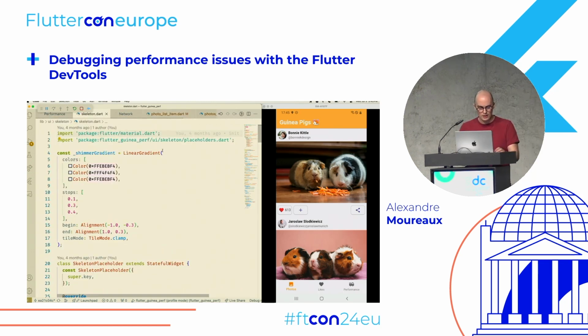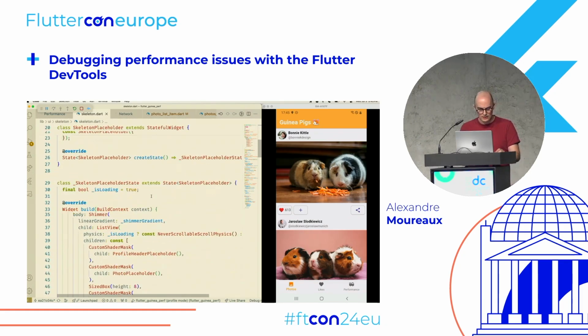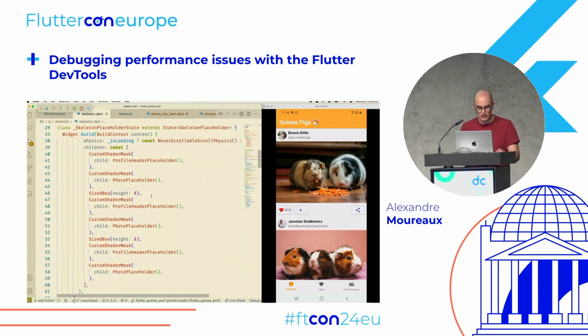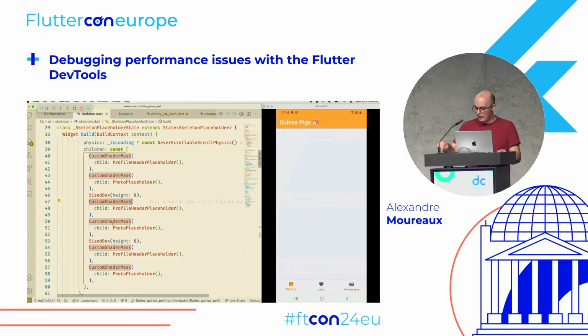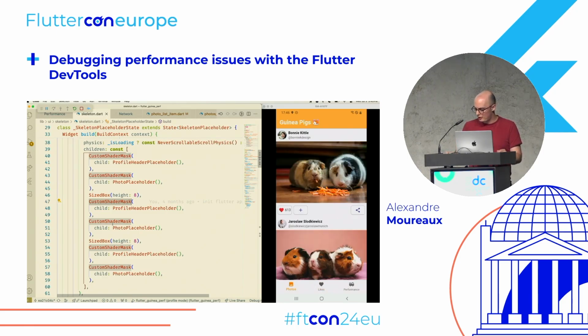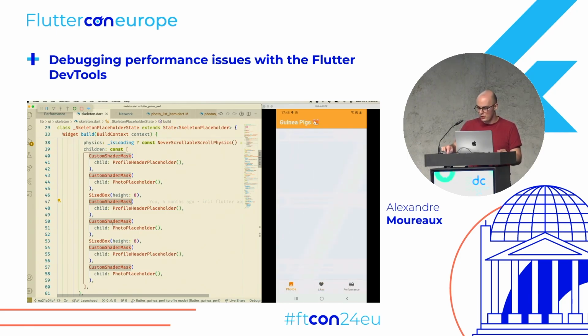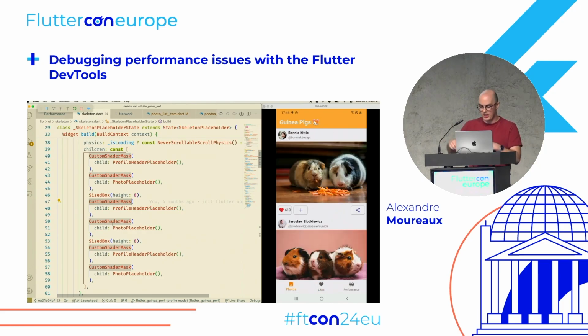So if we check the skeleton Dart file, we can see that essentially it's a combination of 6 shader masks, each being applied to one of the items. For example, just a square for the photos, and a circle and title at the beginning for the profile header placeholder.